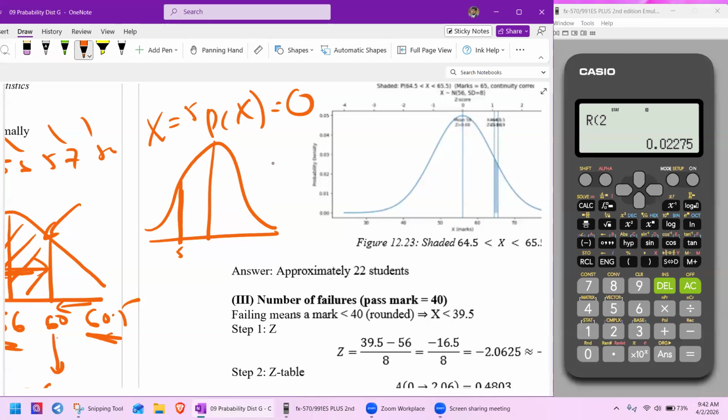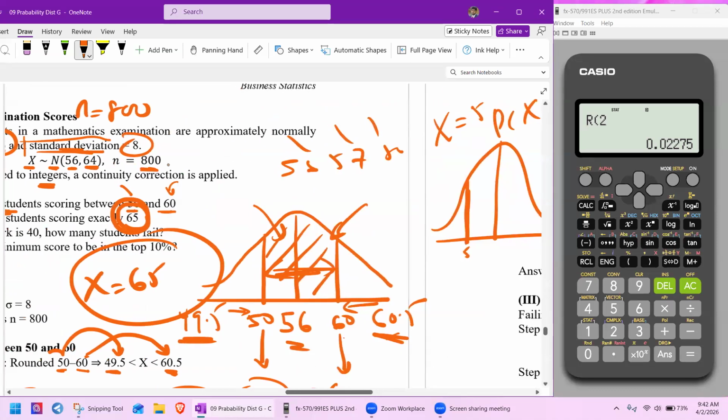We can find the area between any range, in an interval, not at the exact point. The area for any exact point of x is equal to 0. No probabilities, no area. Therefore, we have to approximate.